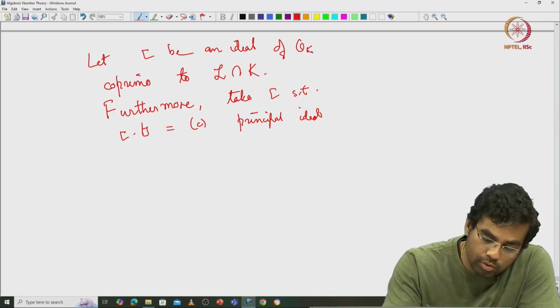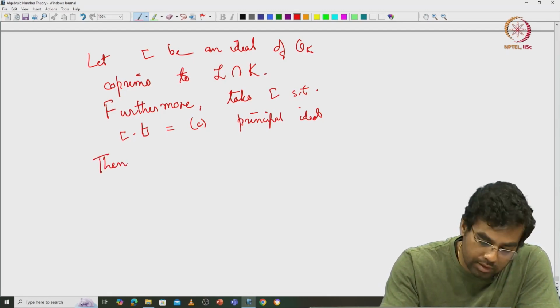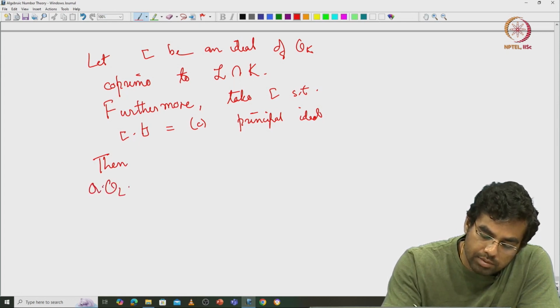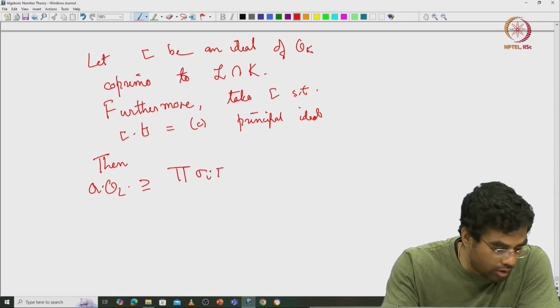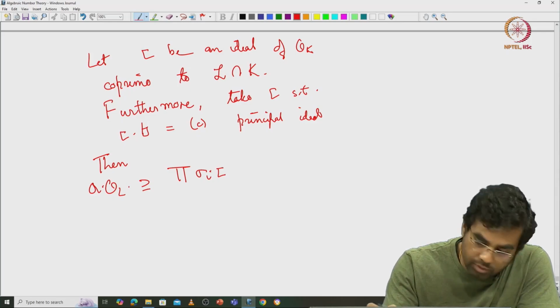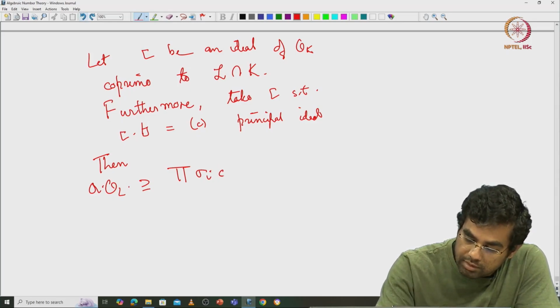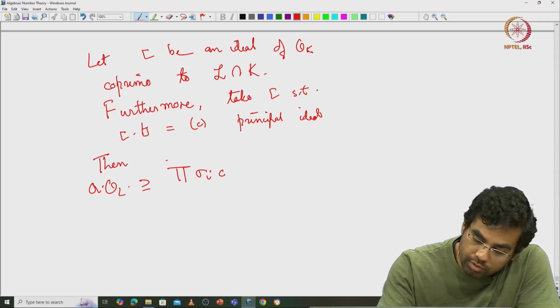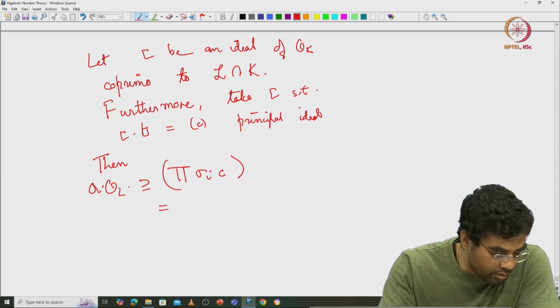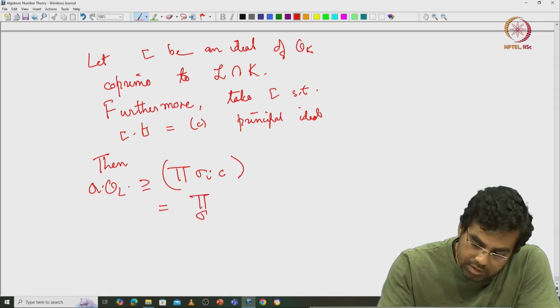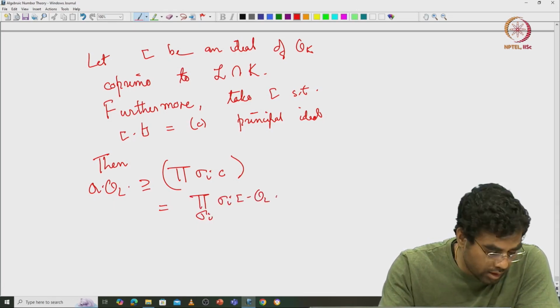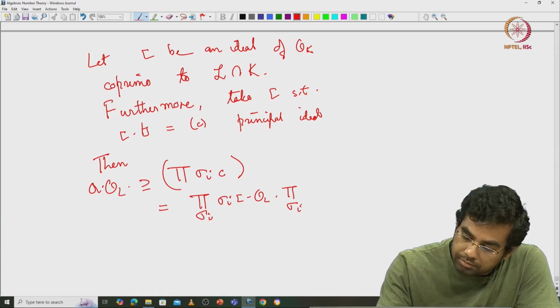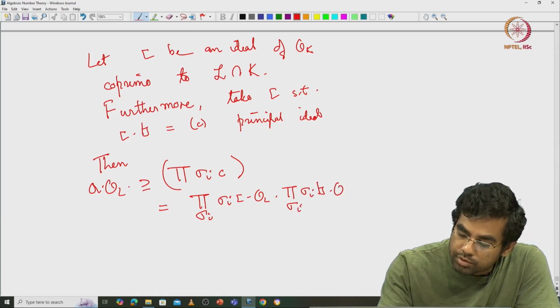Then what we can show is that A times OL contains the product over sigma i of these C's, sorry, this C. So you take the ideal generated by this, but this is of course equal to the product over all sigma i's of sigma i C times OL, times the product over all sigma i's of sigma i B times OL.